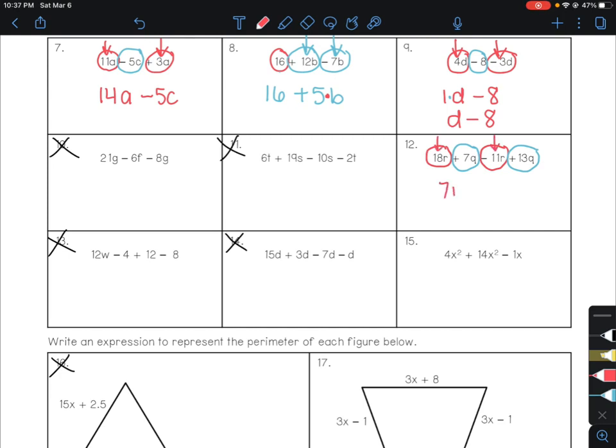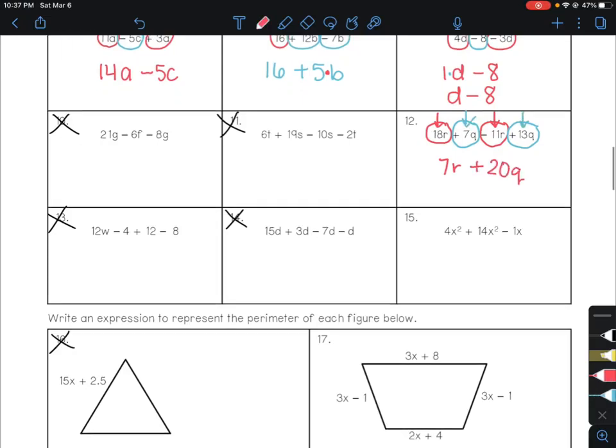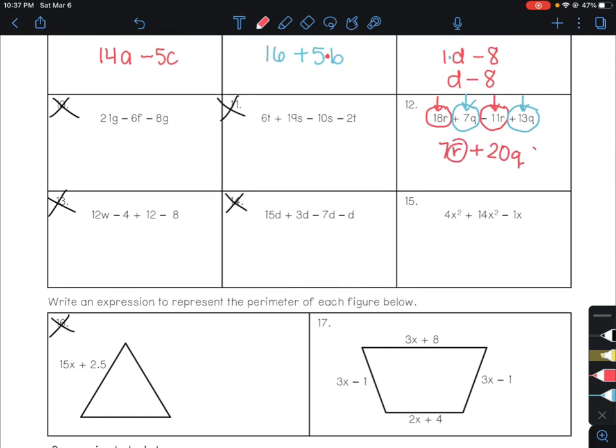It's going to be 7, and then still times r. 7 times q and 13 times q being added is going to make 20 times q. And we can't go any farther because this has r, this has q. And we're stuck at the point where we would need to multiply here before we could do the addition in the middle. But we can't multiply because we're not being told the value of the variables.